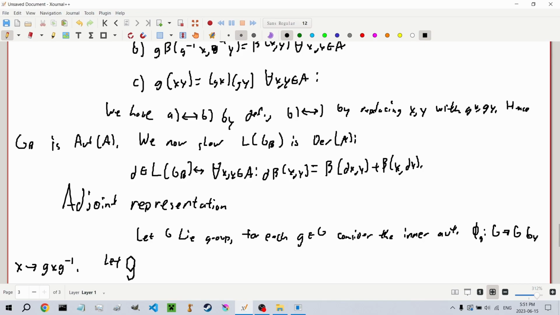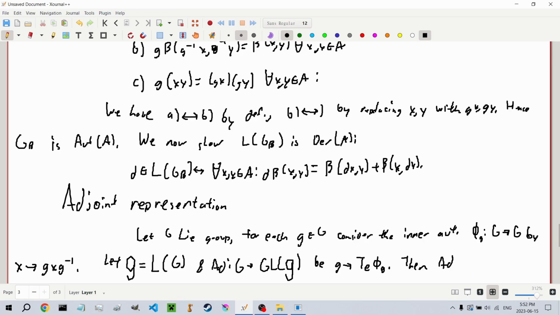Fancy G be the algebra of G, and let Ad from the group to GL of fancy G be the map sending g to the tangent at the identity of the inner automorphism of g. Then the adjoint is a group homomorphism.